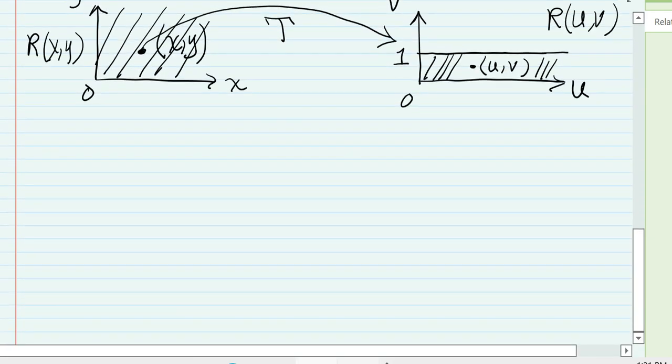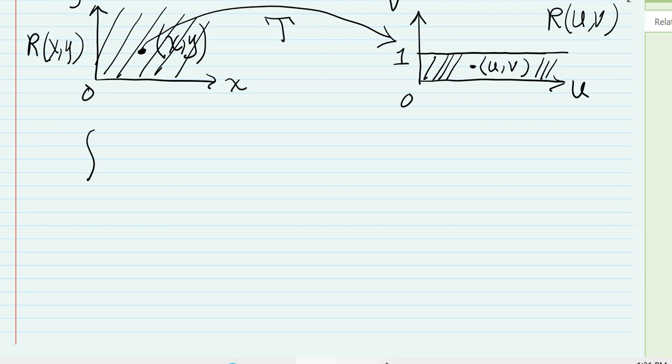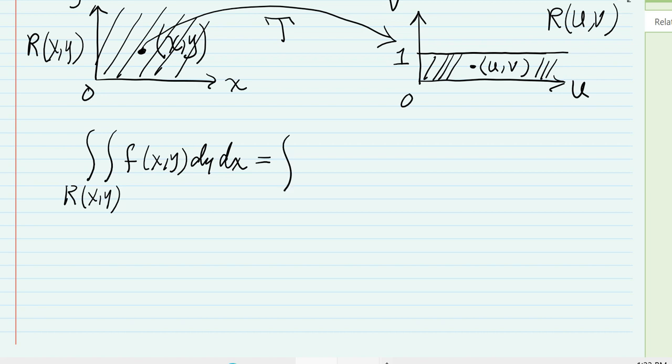Okay, having done that, next I'm going to recall the relationship between the integral in the region xy, given by a joint function f(x, y) dy dx. That integral is going to be equal to the double integral in region R_uv under the transformation.